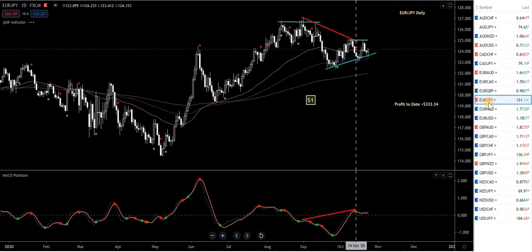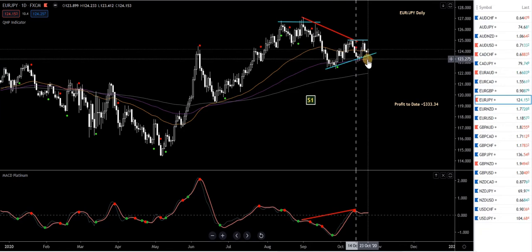Euro Yen. Now this is marked as pink. There was a sell signal here. I'm a bit narky about it. I didn't like the setup because we're trading into the MAs, etc. But it did have hidden bearish divergence there. I didn't take it, and the price went up, and I thought, here we go, that's good, I'm smart. Then the price started to come down, drawing this trend line, looking for a breakthrough of this trend line.